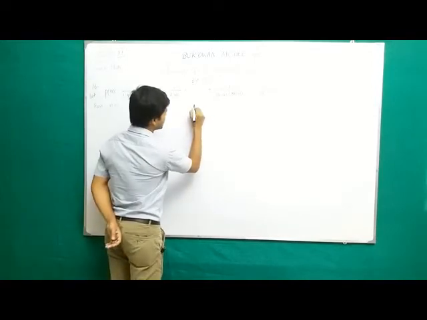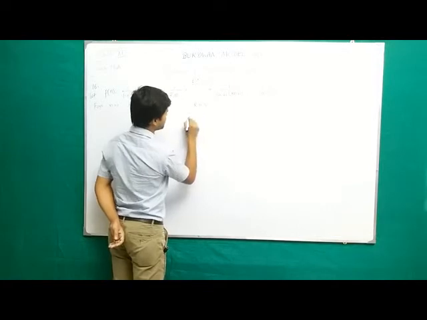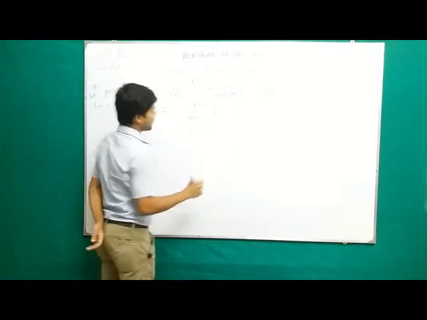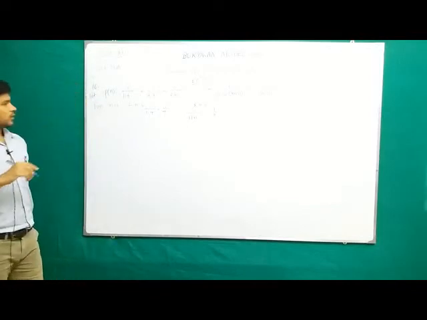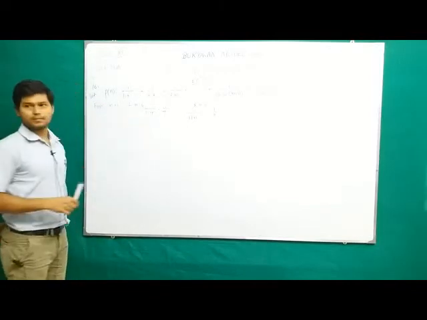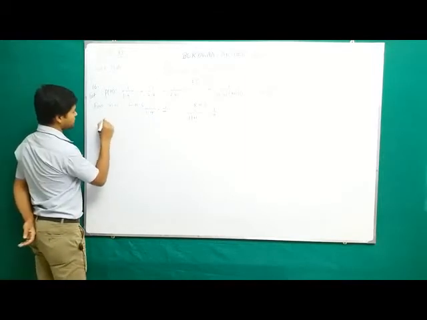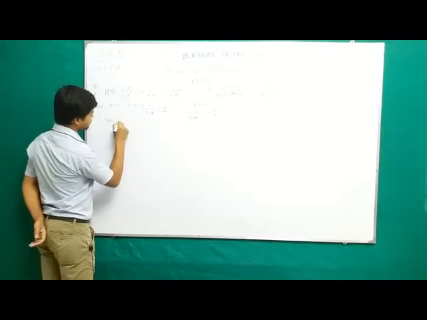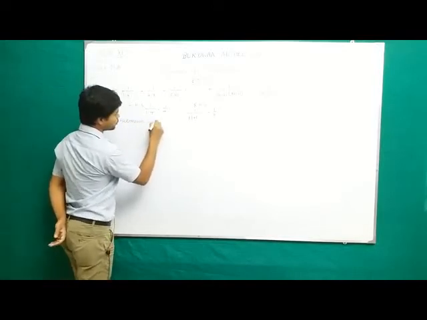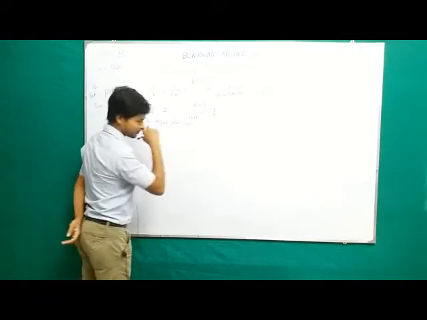And the right hand side becomes 1 by 3 into 1 plus 1, which is also 1 by 4. That means the given expression is true for n equal to 1. Therefore, the statement is true for n equal to 1.